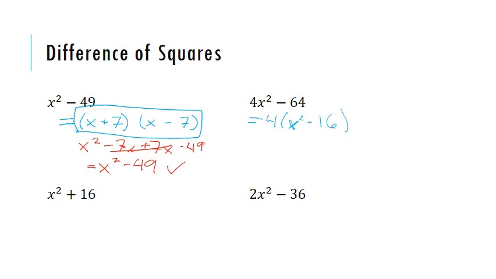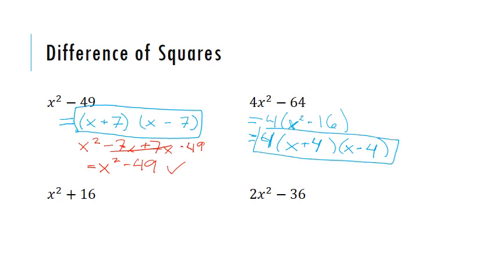Then that x squared minus 16 is a difference of squares, so we keep going with our two binomials. Square root of the front, square root of the back. One gets a plus and the other gets a minus.